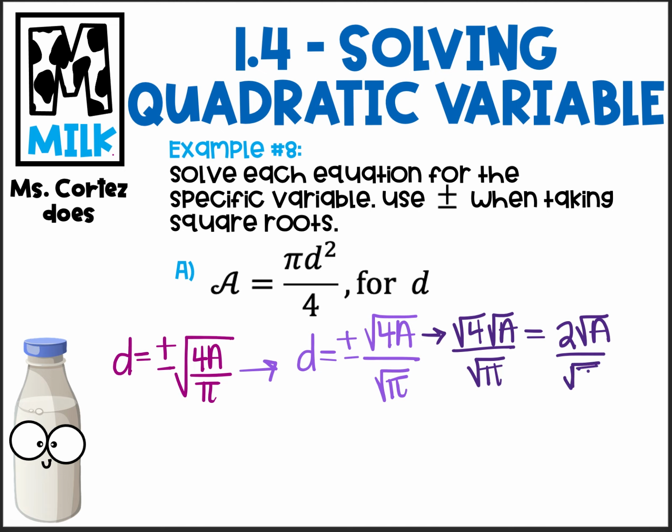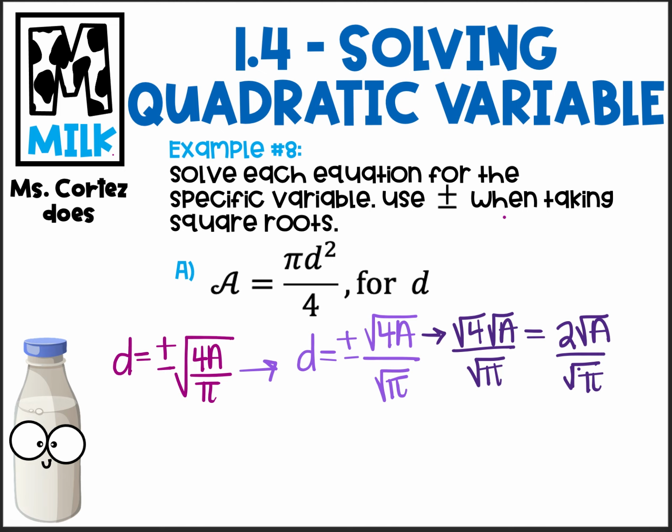Okay, and now when we have a square root in the denominator, we don't like to have square roots in the denominator, and we have to rationalize. If you need some help on rationalizing, please look for material online on how to rationalize.